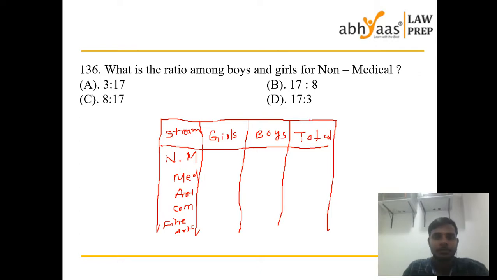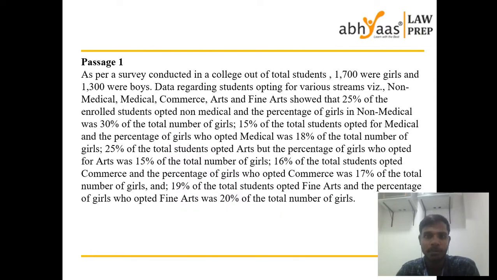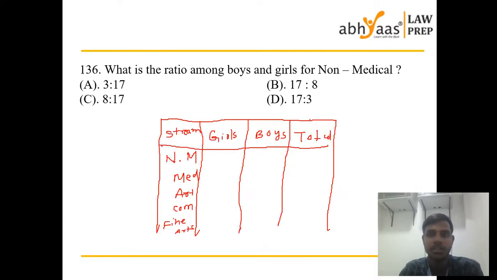In the non-medical stream, it is given that the total number of students enrolled in non-medical is 25% of the enrolled students. So first I will find 25% of the total students, which is 3000. 25% of 3000 is 750. So 750 students enrolled in the non-medical stream, and the total number of girls are 1700.